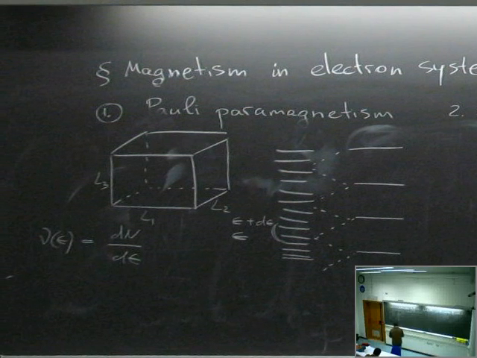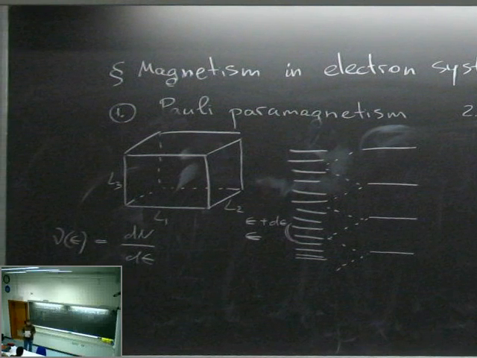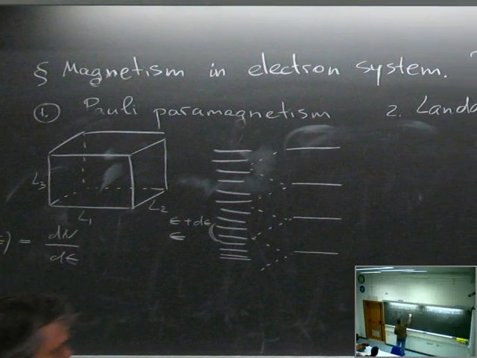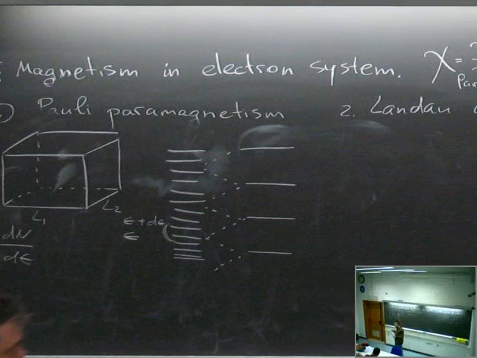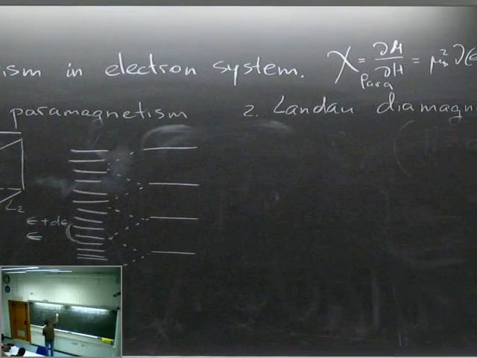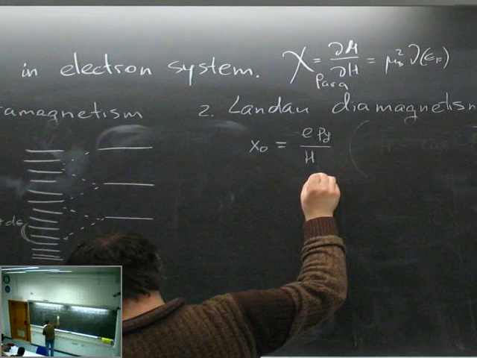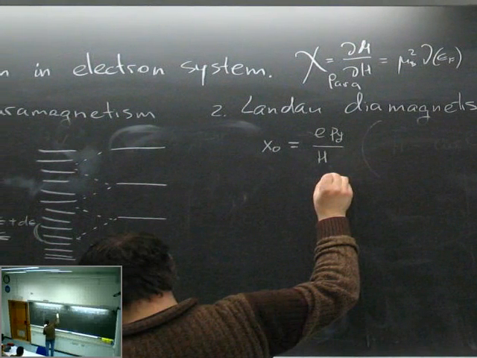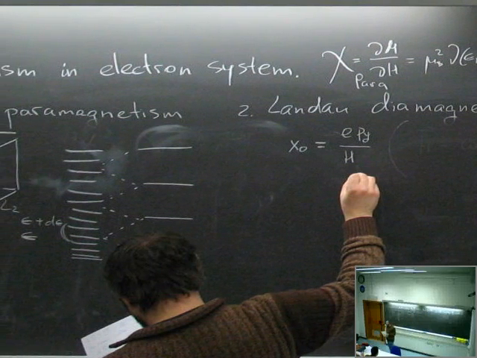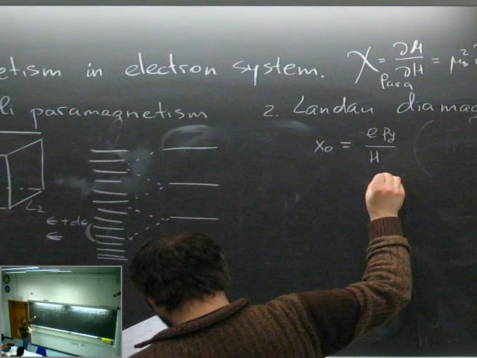and you remember that the X node, so I made a shift of the orbit in the direction of X node, which is c Py over eH. I would like to be sure that this center of orbit is within the box.